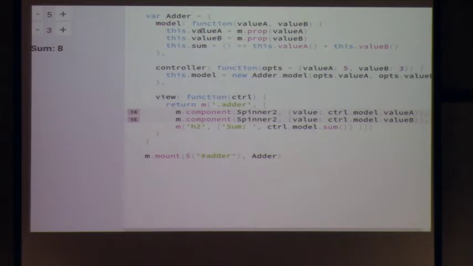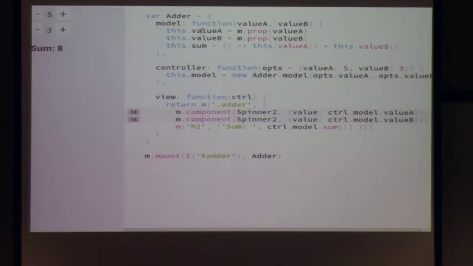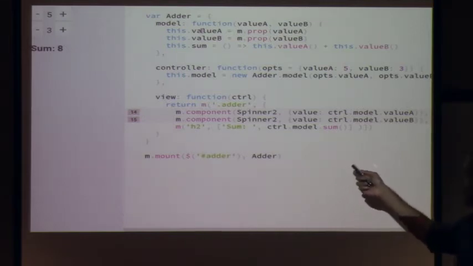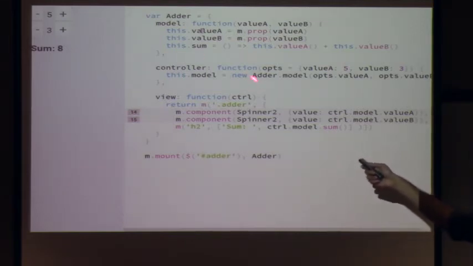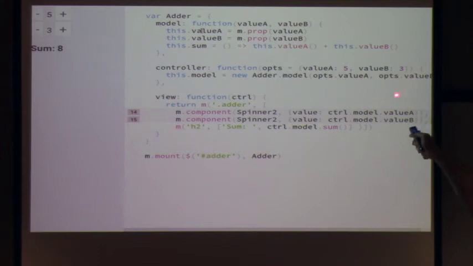In this example, I'm taking two spinners, hooking their values together, and computing the sum of it. I want you to focus on the controller first, if you will. The controller, we're just taking two default values, 5 and 3. We're saying, hey, create a new model. This model is our new little adder model with some default values, right?